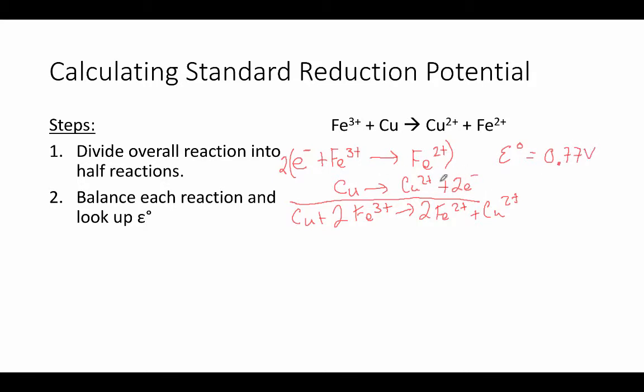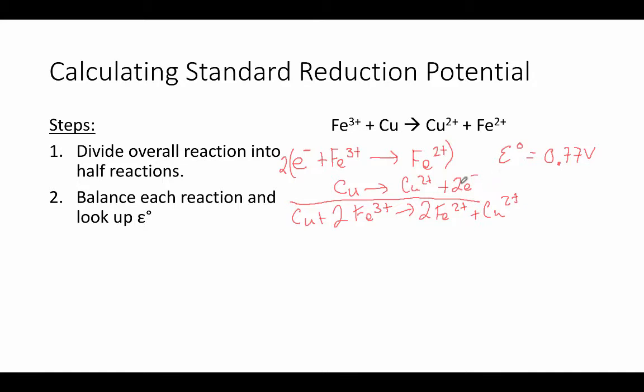Now, the copper reaction you'll never find written like this, because the table of values is written with the electrons on the left. So you're going to have to look up Cu2 plus plus 2 electrons yields Cu. When you look that up, you get a value of positive 0.34 volts.